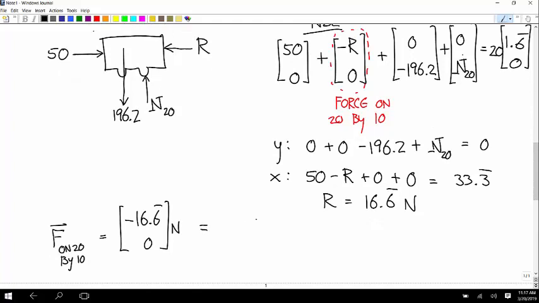Or another way of writing that is negative 16.6 repeating in the direction of x. Or another way to write that is a magnitude of 16.6 repeating newtons pointed in this direction. Any questions about that?